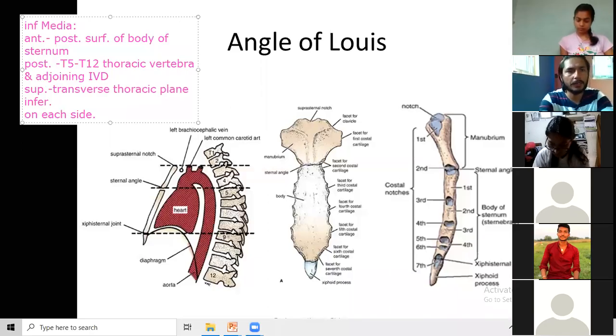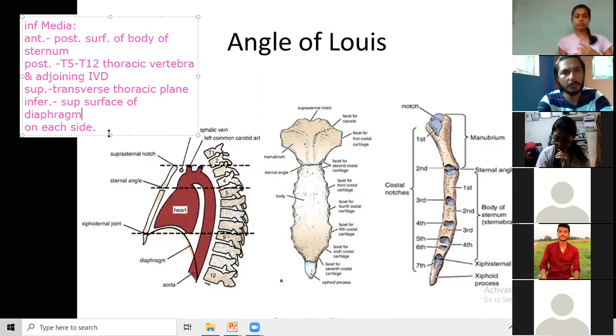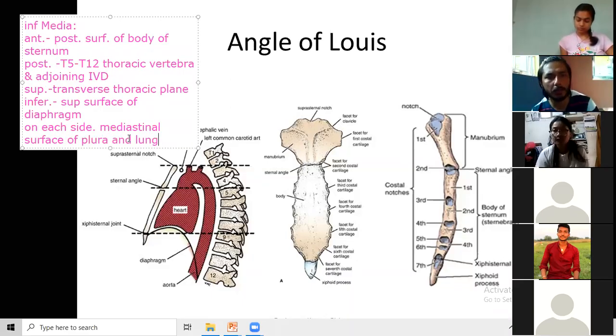The inferior boundary is formed by the superior surface of the diaphragm, and on each side you will see the mediastinal pleura and the mediastinal surface of lungs.